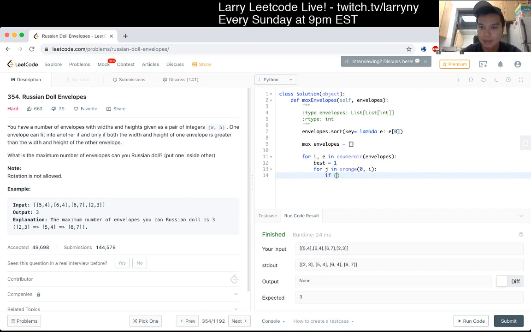And the second element, which is the height, is it strictly greater? Yeah, I guess it's strictly greater actually. So you do have to check. My bad, I lied a little bit. Envelope is really hard to type.